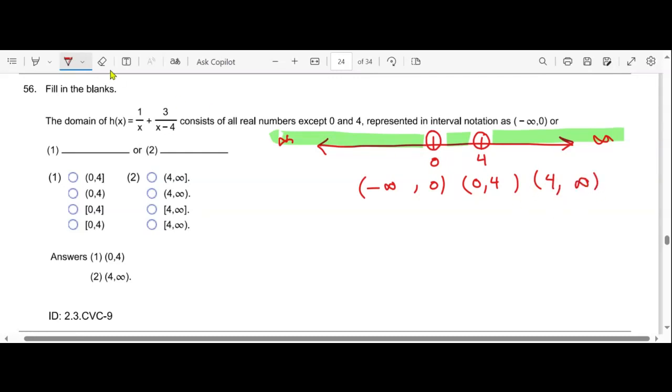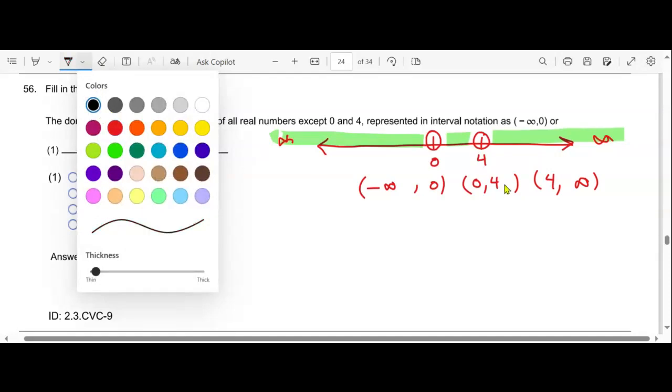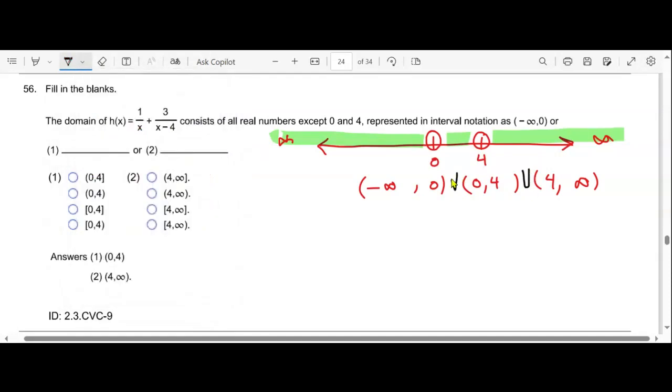And what should I put in between? Union. What does union mean? Or. Intersection means what? And. Or means what? Union.